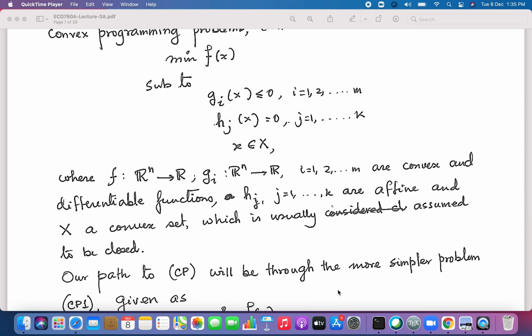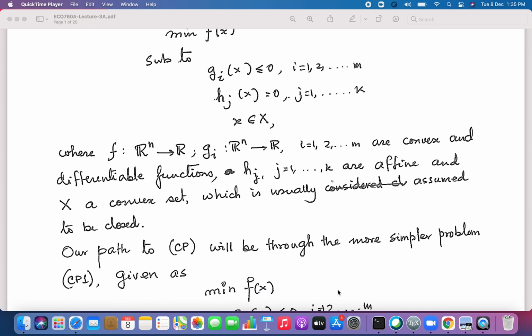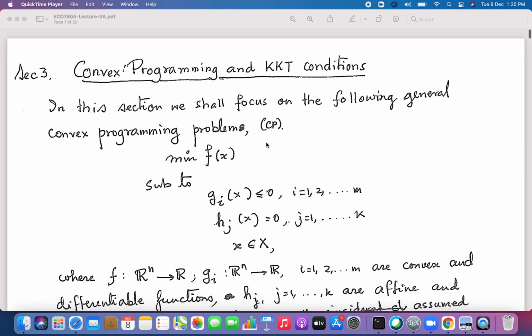Though I would like to cover the affine functions here, it's not a very big issue. But because of the time, I wouldn't be able to complete, because this is the last part of the one lecture. What I'm planning to do is that in future I'll put up the notes somewhere. And I'm planning to consider a much simpler problem than this convex programming problem, CP.